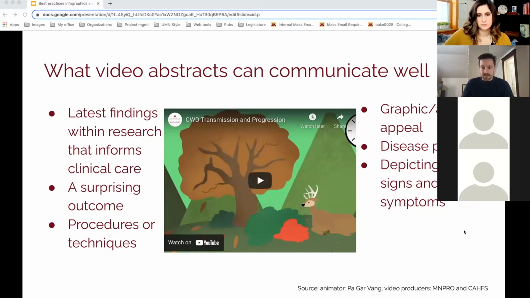Procedures or techniques can be well explained in video format. Graphic or aesthetic appeal, disease processes can be explained well, and we'll take a look at one of those momentarily here, and depicting clinical signs and symptoms, but a lot of things can be communicated well via a video abstract.